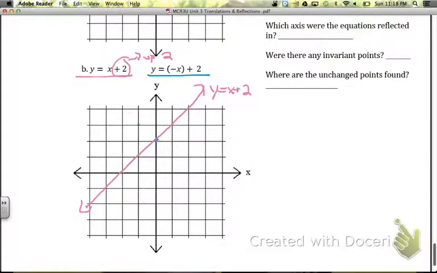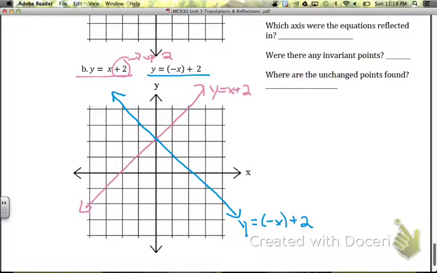We'll have the other points all change. And what we get is a reflection about the y-axis. So that's our line y equals negative x plus 2.